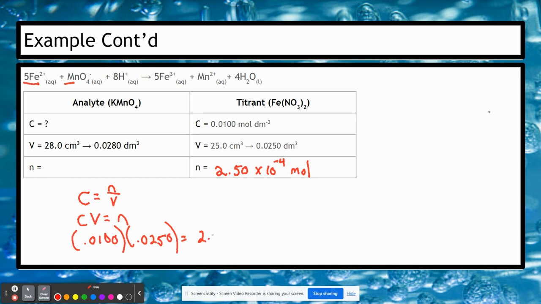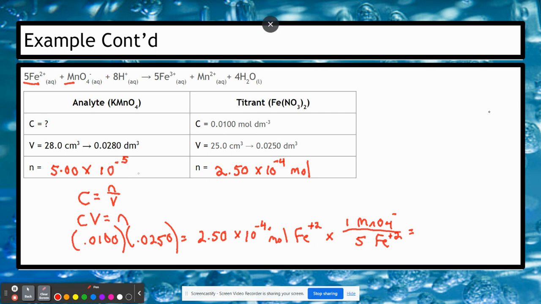So for the number of moles that I have of my iron ions, 2.50 times 10 to the negative fourth moles, and these are going to be Fe plus 2s, I have to say for every 1 permanganate, I have 5 Fe plus 2s. It's in a 1 to 5 ratio. So essentially I'm dividing that number of moles by 5, and I get 5.00 times 10 to the negative fifth moles of permanganate.